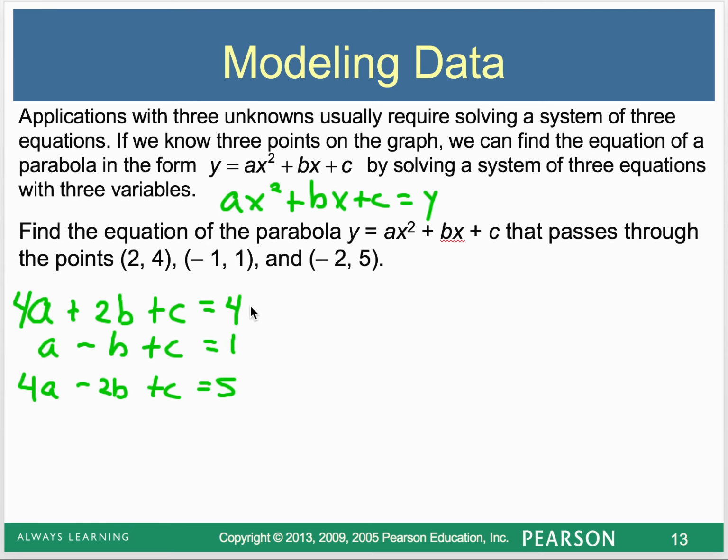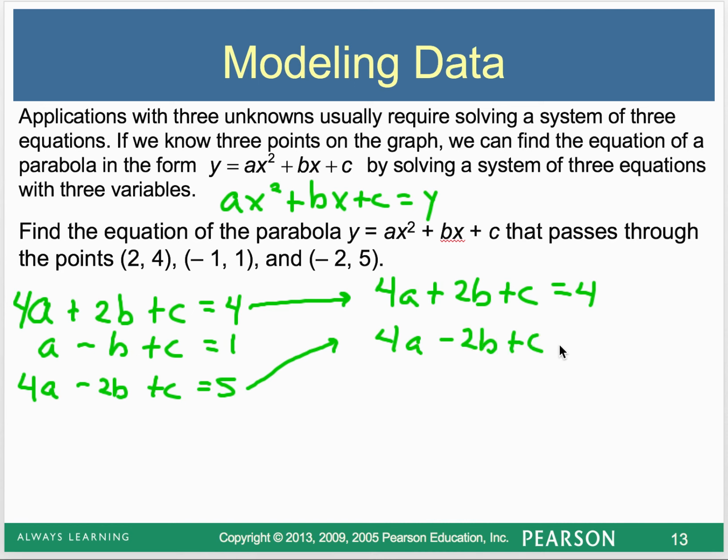I notice that these two, if I add them together immediately, the b gets eliminated without having to do anything. So I'm going to have 4a plus 2b plus c equals 4, and 4a minus 2b plus c equals 5.